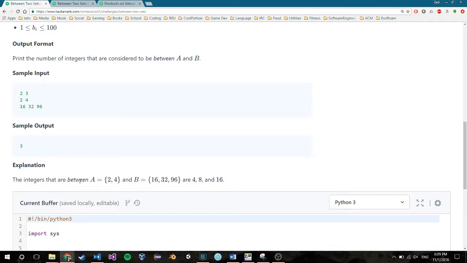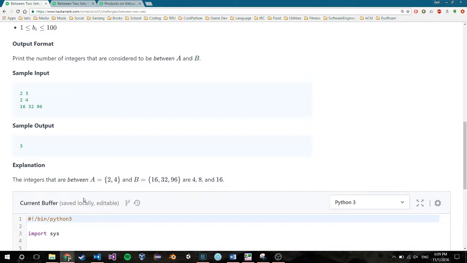I mean, if you had like 3 and 5, if this were A and then B were like 30 and, I don't know, 45, then your thing would be 15, and it would just be 15.